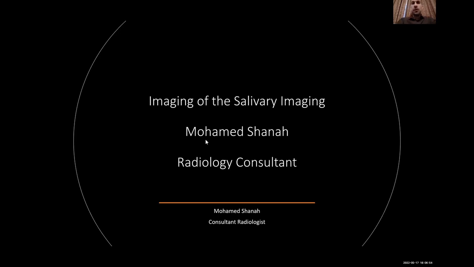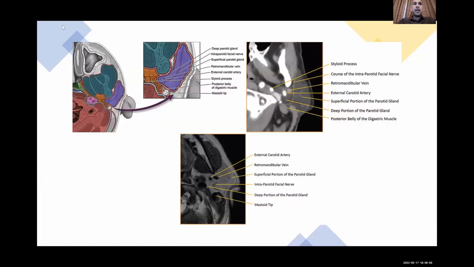The salivary gland. First, we have the major salivary glands. I'm not speaking about the minor ones. When I say the major ones, I mean the parotid, submandibular, and to some extent the sublingual glands.